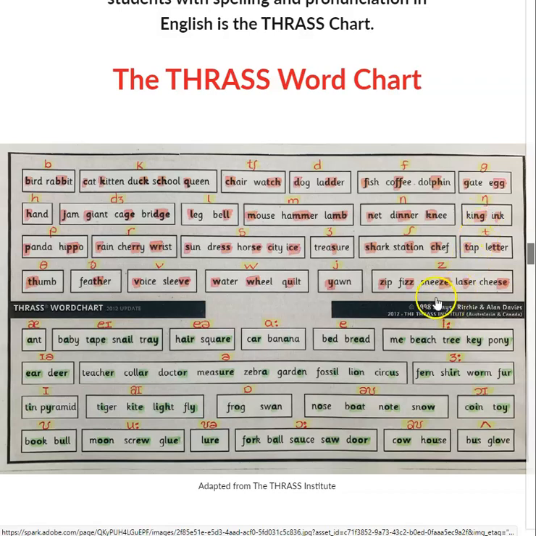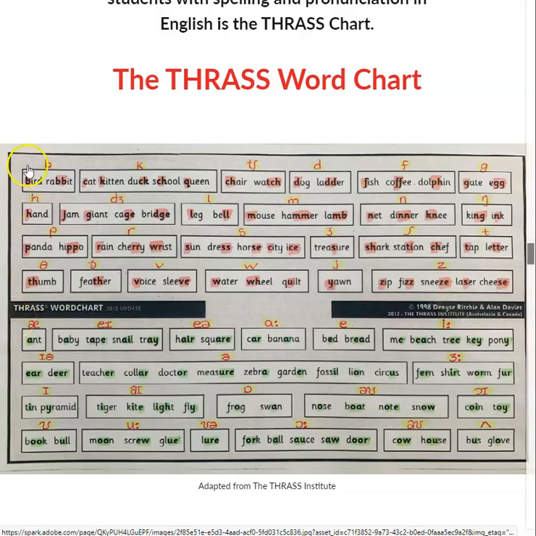So the top half of this chart contains the 24 consonant phonemes or speech sounds of English, and they're called the phoneme boxes, these boxes here. And the bottom half of the chart represent the 20 vowel phonemes or speech sounds of English.